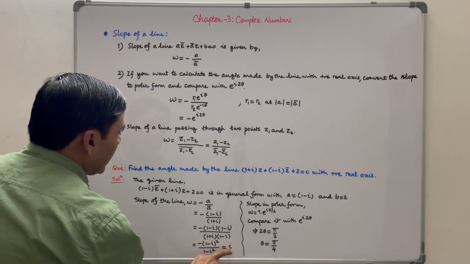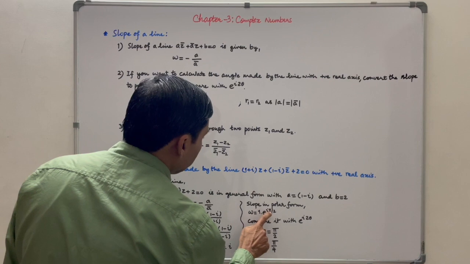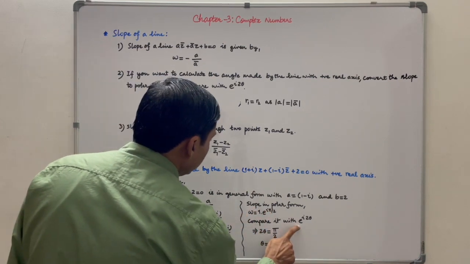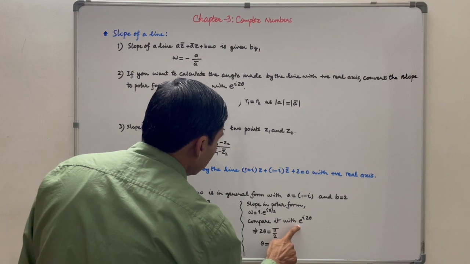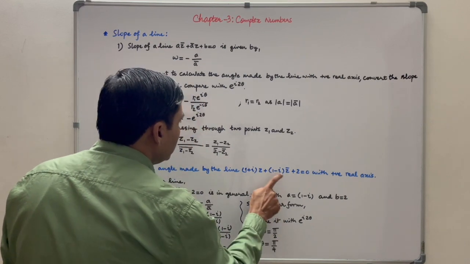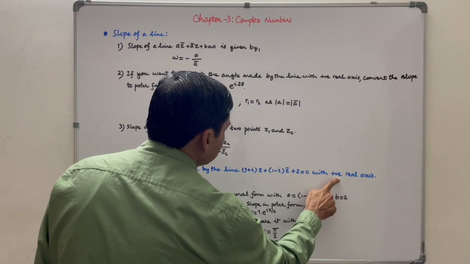We will convert i to polar form as 1 into e to power i pi by 2. Now we will compare omega with 1 into e to power i 2 theta. So 2 theta is equal to pi by 2 or theta is equal to pi by 4. That means this line makes an angle pi by 4 with positive real axis.